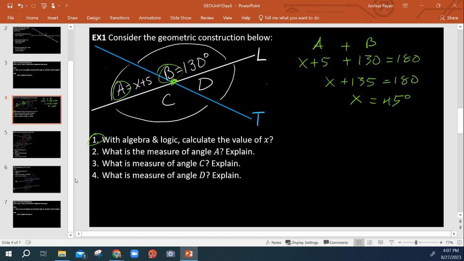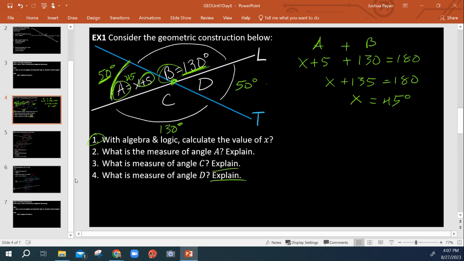So that means angle A is 45 plus 5. So that means this angle here is a 50-degree angle, which makes sense because 50 plus 130 has to be 180. And that tells us that angle D must also be 50, and angle C must also be 130.